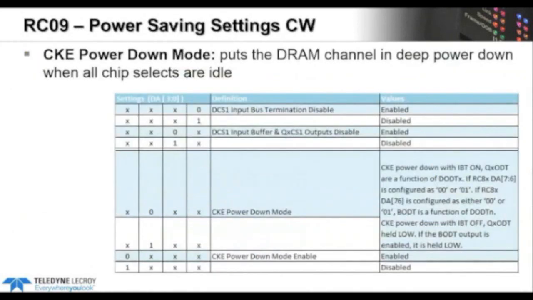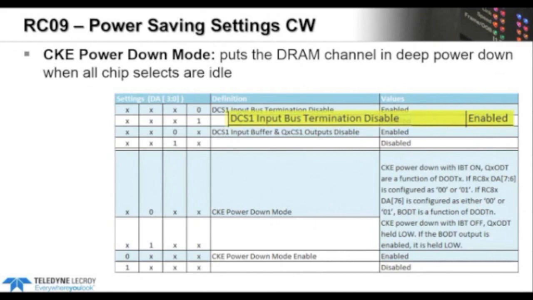All right, another quick example, the RC09. There are several power-saving controls within this register control word. It's a 4-bit RCW. These are the settings. They're configured by the host, all right? So things like the input bus termination can be enabled or disabled.